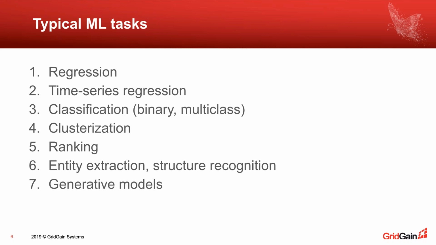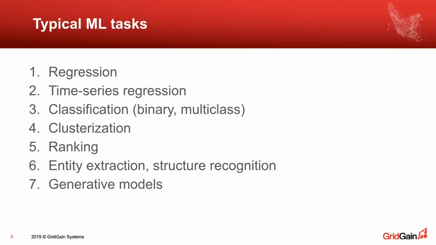Also, we have clusterization tasks. This is an unsupervised learning task when we don't know the right answers, and we want to analyze our data and split our data records into some kind of clusters.